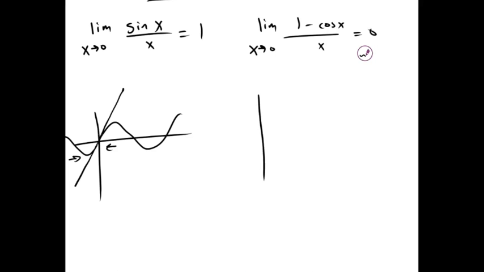And for this one, 1 minus cosine x would be cosine x, but negative and shifted up, which is just like this. All this is saying is as you get closer and closer to 0, the ratio between these two gets smaller and smaller. That's pretty much it.